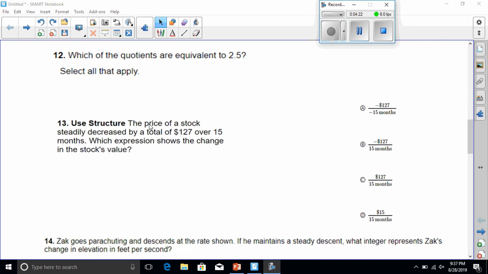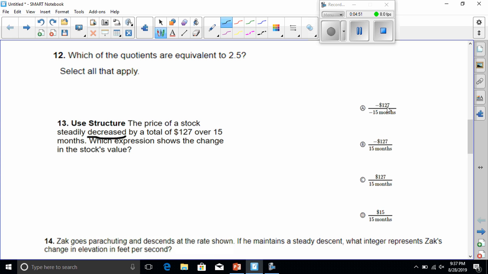All right, number 13 says, the price of a stock steadily decreases by a total of 127 over 15 months. Which expression shows the change in stock's value? We have to remember the key word they're saying here is decreased. Okay, so if they're saying that it decreased by 127, that's a negative 127.